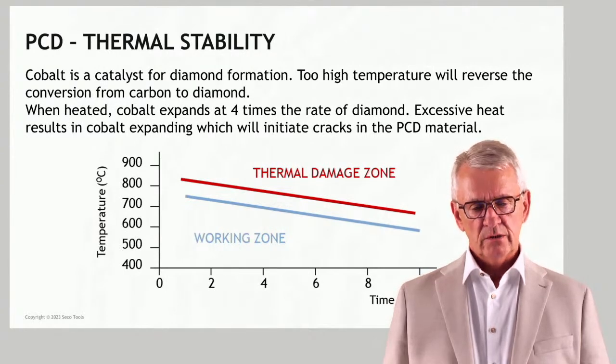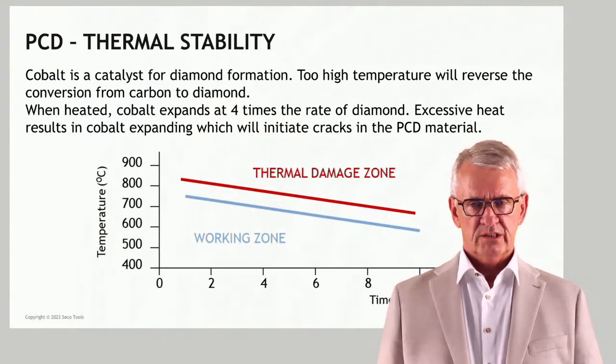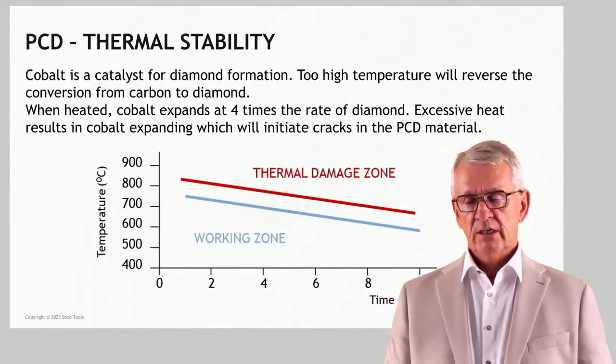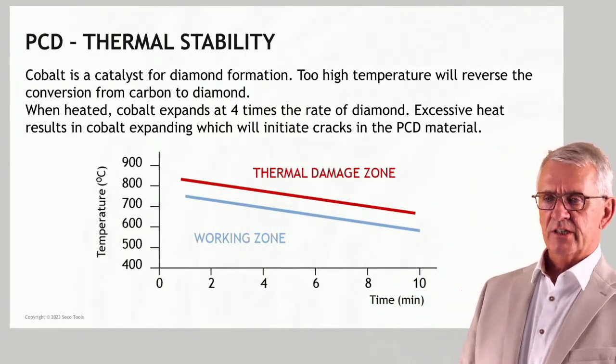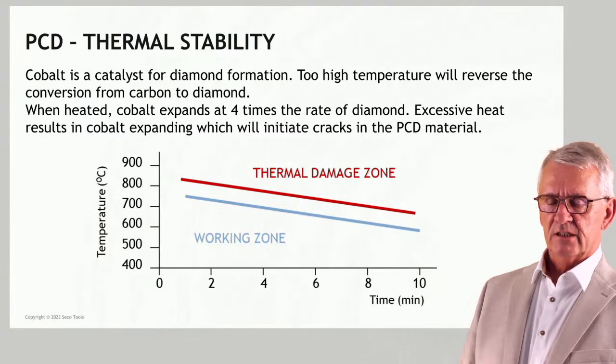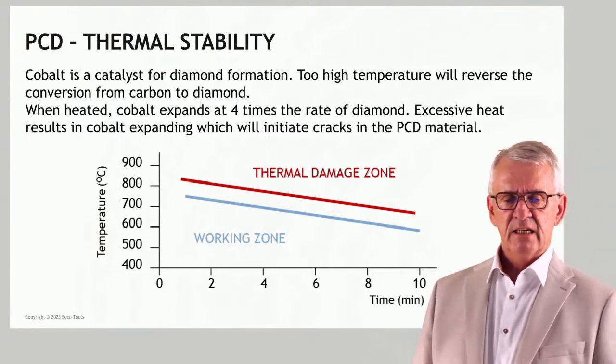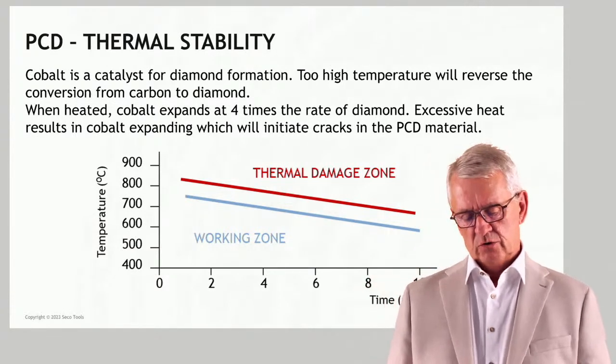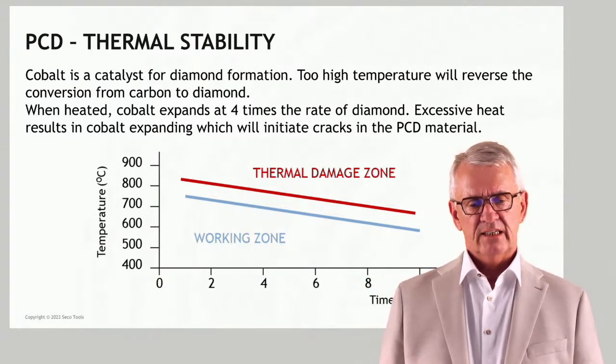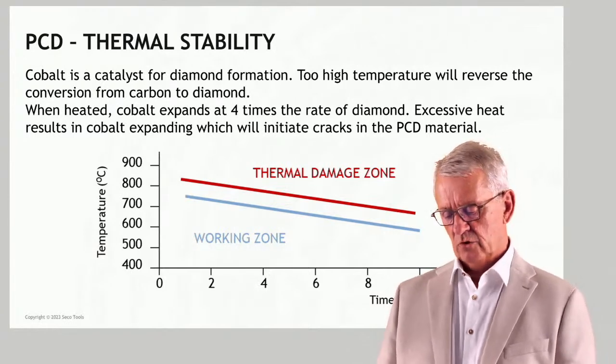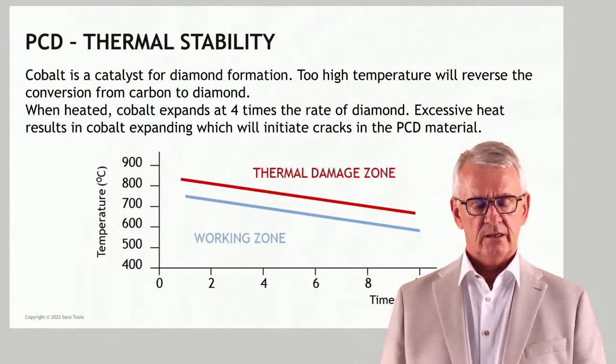and the temperature for a longer period, because this diagram shows you the horizontal line is cutting time in minutes, the vertical line is the temperature to which the cutting edge is submitted. And here you see that when it's only a limited time, you can expose diamond PCD to higher temperatures in contact with a material in which there is iron.